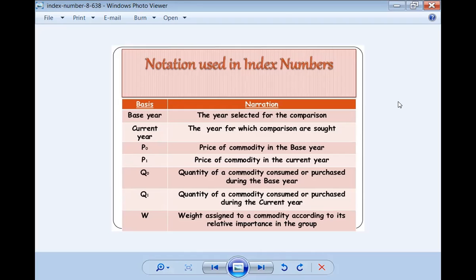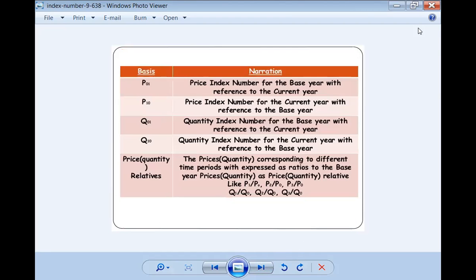Q1 is how much quantity we purchase in the current year: the quantity of a commodity consumed or purchased during the current year. Similarly, W means the weight assigned to a commodity according to its relative importance in the group. These notations are also used according to quantities or values.